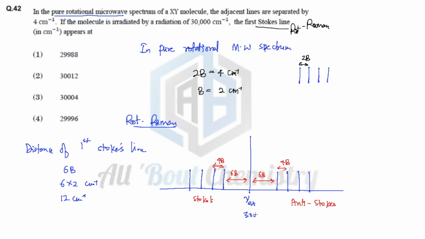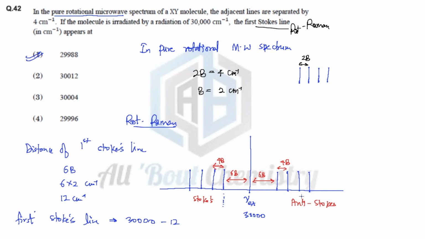So if this is 30,000 centimeter inverse, the first Stokes line will be lesser than that. So you have to subtract: 30,000 minus 12, and you get 29,988 centimeter inverse. This is the position of the first Stokes line.